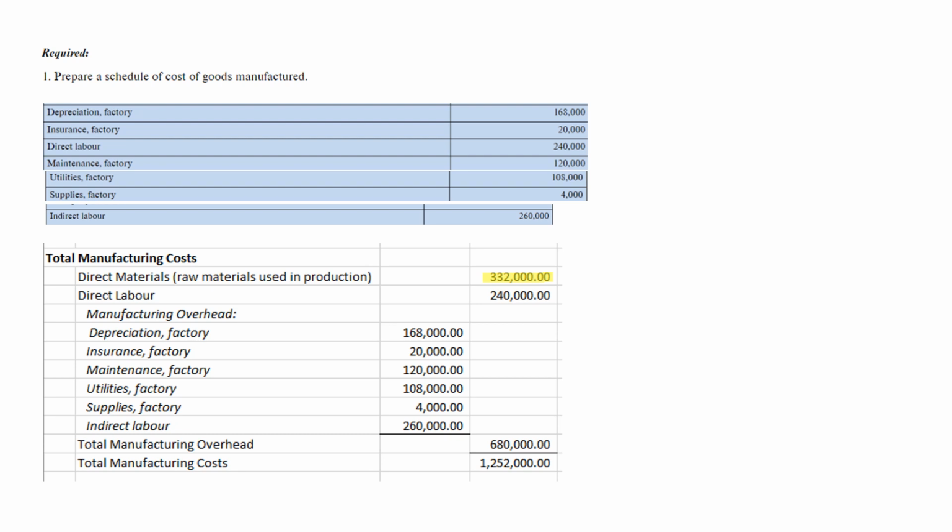And our total manufacturing costs are going to be our direct materials, which we have, our direct labor, and our manufacturing overhead all together, all our product costs. So we have our direct materials. Now direct labor, as you can see, I pulled up above. Our direct labor was here, and the total is 240,000. So we have added that here.